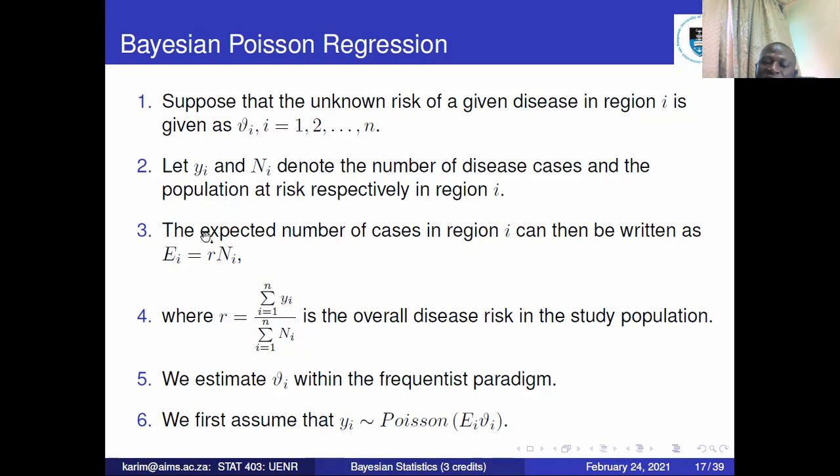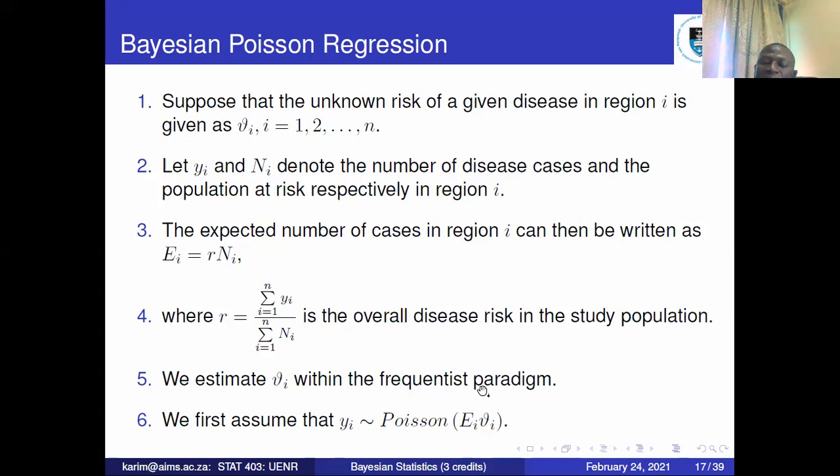So here in general, overall, we sum the cases for all the regions and divide by the total population. And that gives us the R. And we multiply that by the population. And that will give us the expected number of cases.